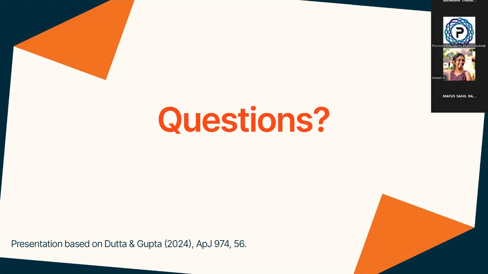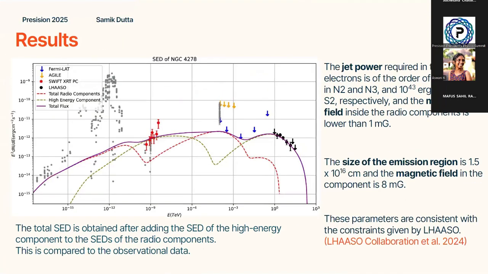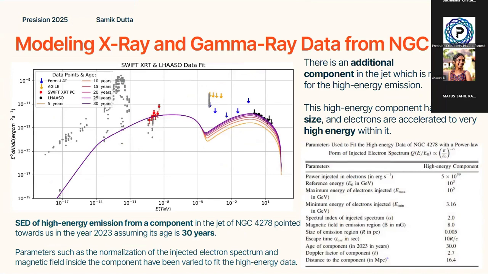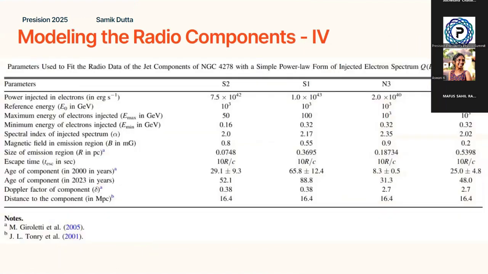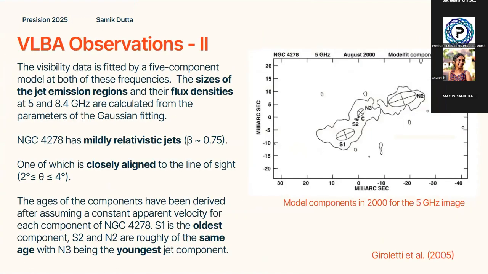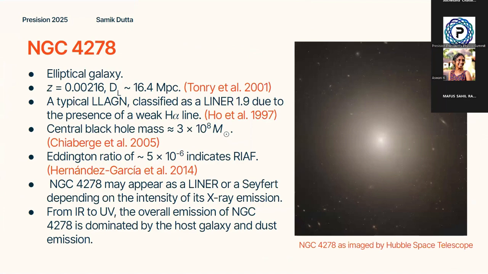A quick question. So you said that the mass of the black hole was 3 times 10 to the power 8 solar masses? Yes, 10 to the 8. So can you tell me how the mass of the black hole was measured? I think that we have just taken it from literature. I don't have an idea. I know, but you cited some citations. Yes. So I was curious if you know how the mass was measured, or generally how masses of black holes are measured.